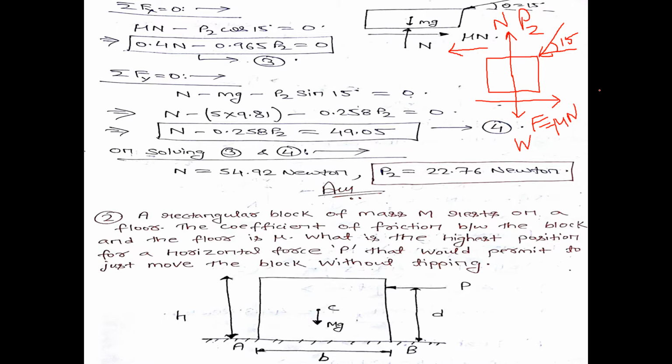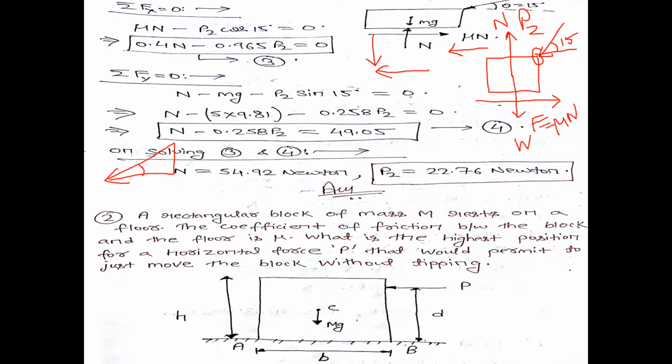Again you can see that this force P2 will have two components. One component is P2 cos 15, and this will be your P2 sin 15 at this particular point. Same thing, this is your P2. That means this will be a right angle triangle because this is your tail end, this is your head end, and this angle is 15 degree.